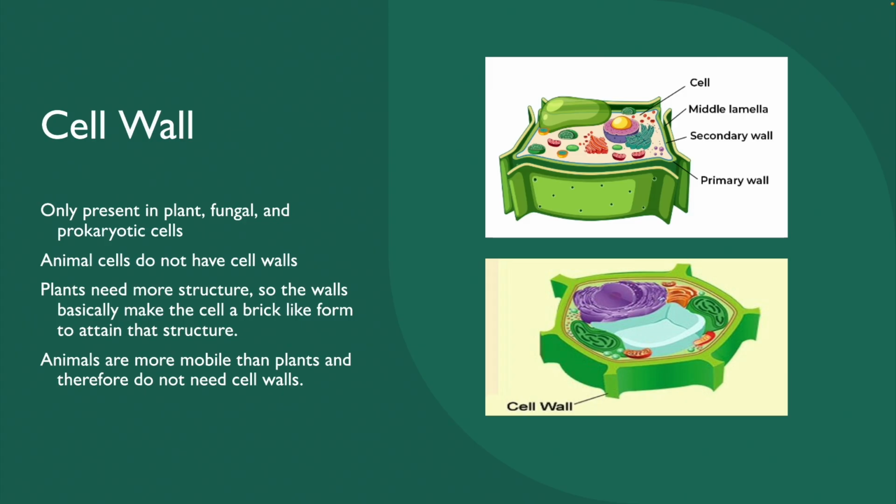The cell wall is a layer surrounding the cell, providing it with structural support, strength, and protection. They are not present in animal cells because animals need to be more mobile than the other cells listed. The cell wall does an exceptional job protecting the cells that need it, providing a brick-like structure to the cells.